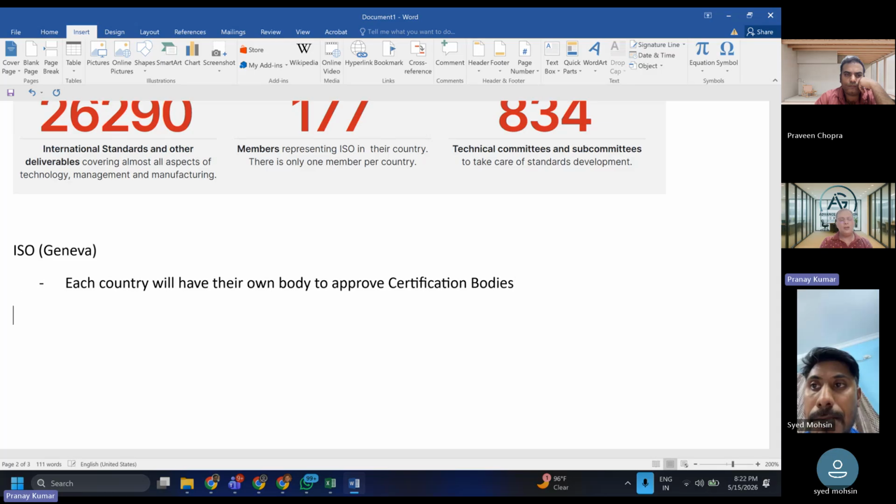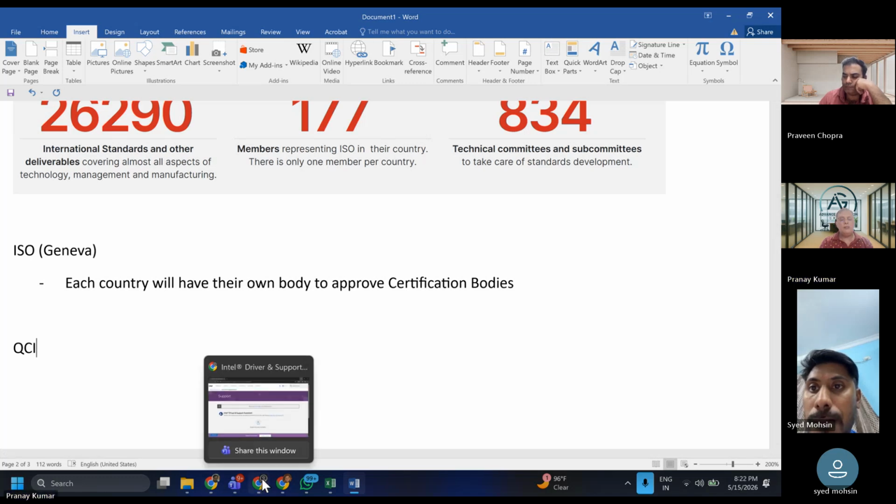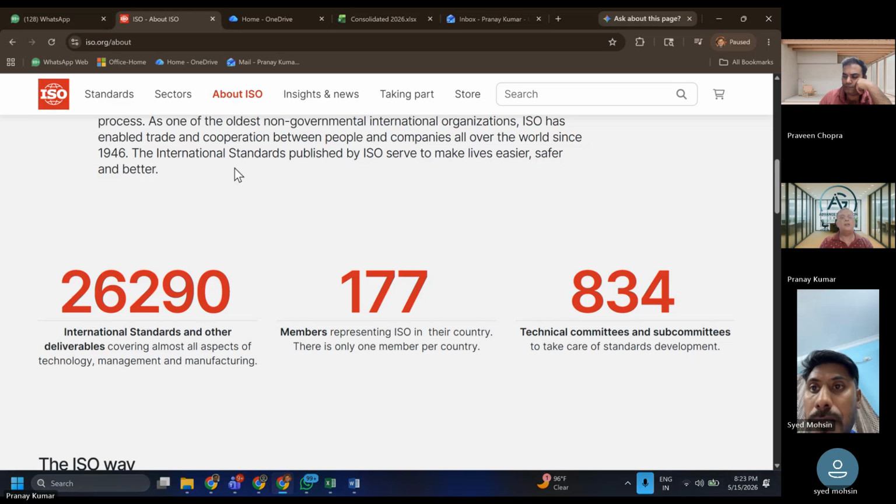For instance, India has a body called the Quality Council of India. This Quality Council of India has several bodies.